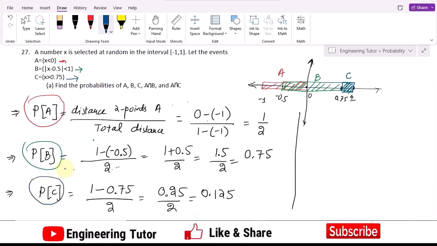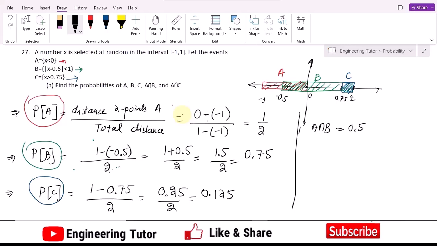Now, finding the probability of A intersection B, first of all I have to see what A intersection B is, the area where A and B are intersecting each other. We can see that this is the area where A and B are intersecting each other, and that is basically 0.5.